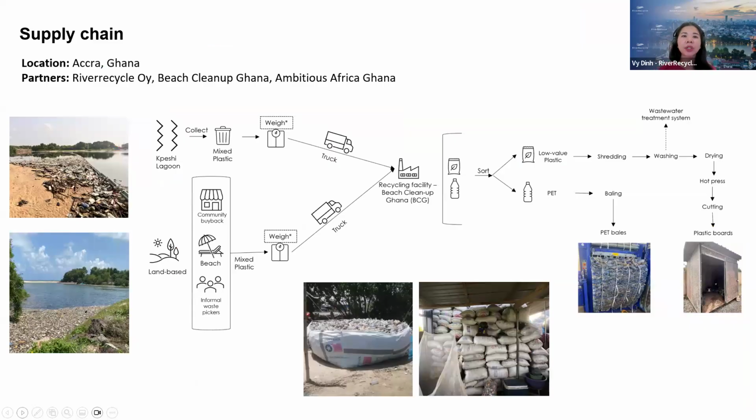To start off my presentation, I would just like to give you an overview of what we do, to give you a bit of context for our stories later on. In Ghana, we facilitate a value chain for plastic waste from collection to transportation, and then to pre-processing and recycling.